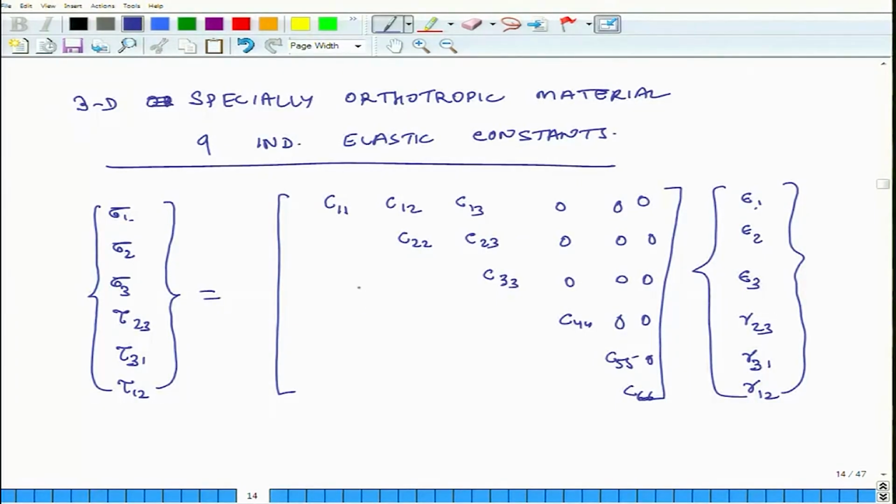And all other terms in this matrix are by symmetry, okay. So, these are the 9 constants. Okay.